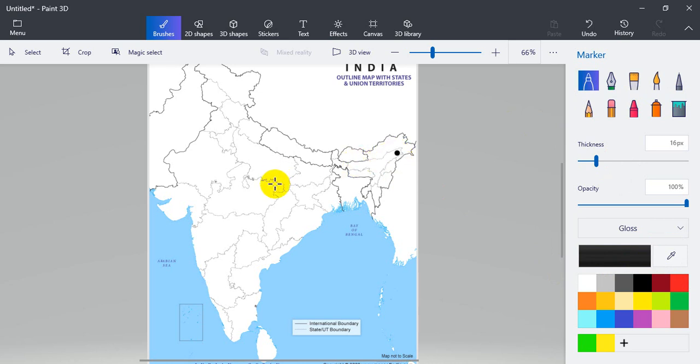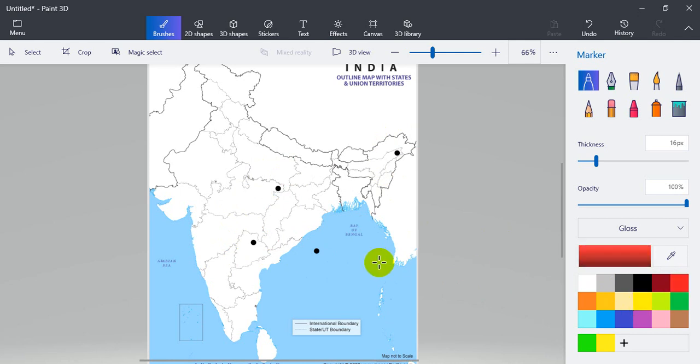Then in the eastern part of Madhya Pradesh, Singrauli. Then in the northern part of Telangana, Ramagundam. These three are your thermal power plants.